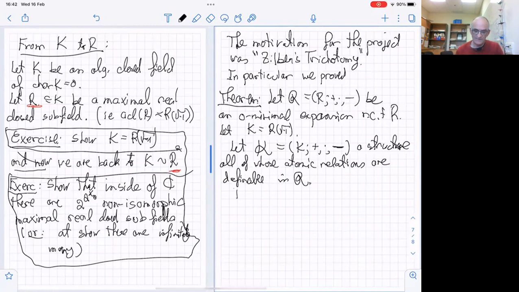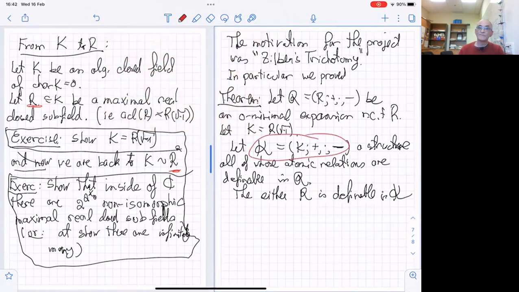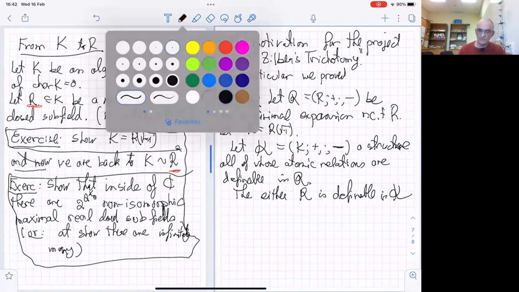Then the theorem says: either you can define the subfield R inside K, or you didn't get anything new.